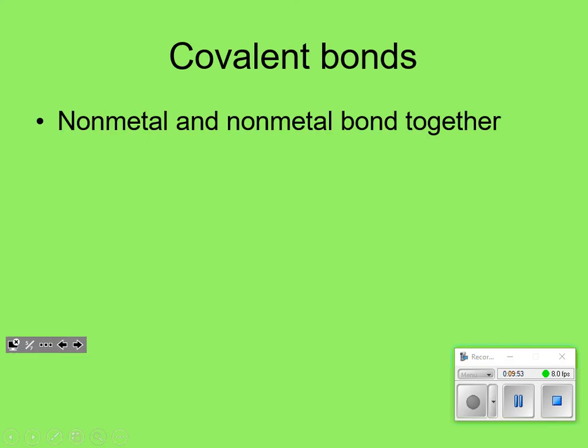This brings us to the last bond type that we have to go over, which is called a covalent bond. If an ionic bond is between a metal and a nonmetal, and a metallic bond is between two metals, a covalent bond is between two nonmetals.